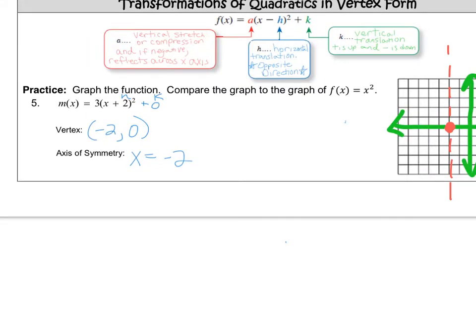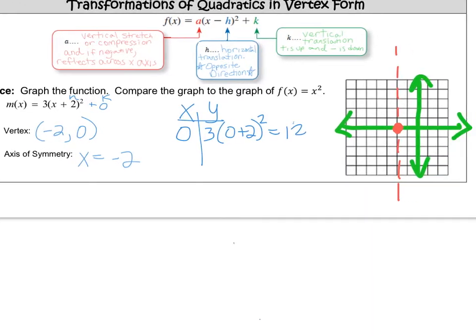So in my table, I'm going to pick a point of 0 and find out what my y value is. So I've got 3 times 0 plus 2 squared. So 0 plus 2 squared is 2 squared is 4 times 3 equals 12. So I have a point on here of 0, comma 12.